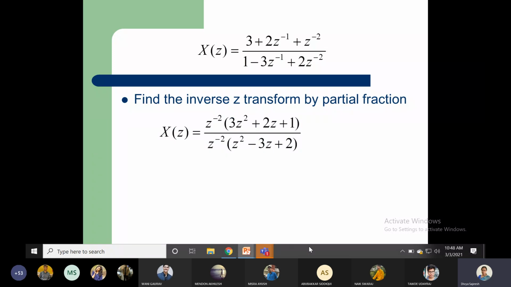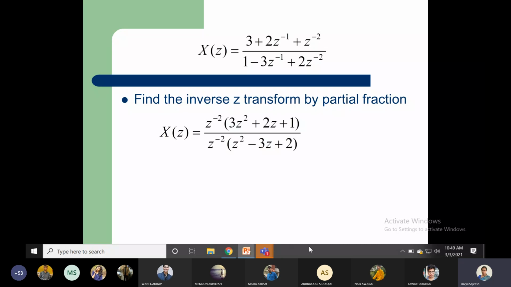So if I take common out, the equation will change. Now 3z square plus 2z plus 1, because z raised to minus 2, if you take it out, there it will be 1. Now z inverse, if I take z raised to minus 2, it will be z only. When you multiply directly, you can see z minus 2 into z is z minus 1.